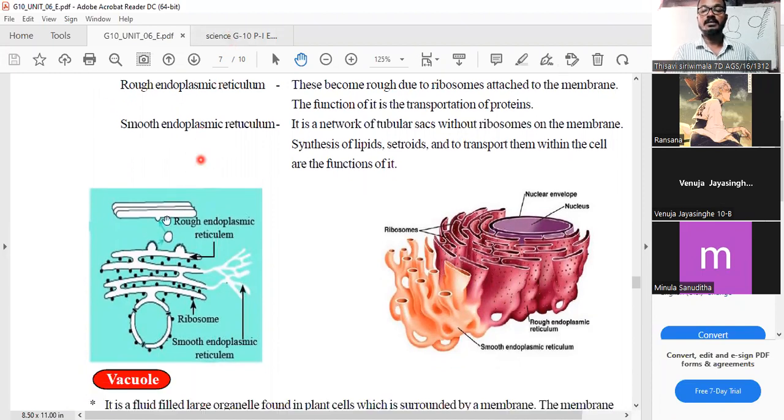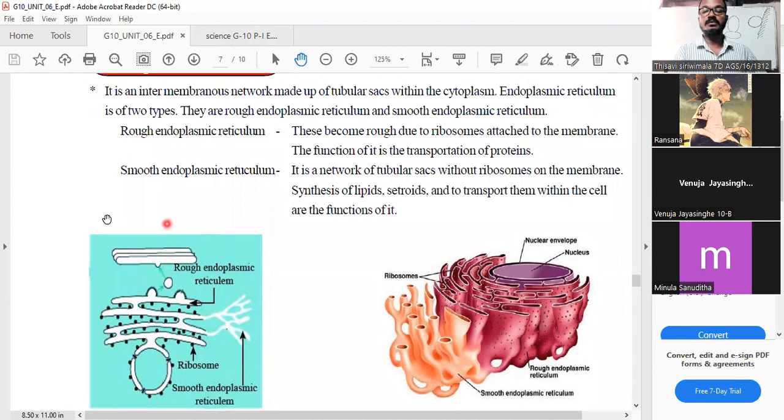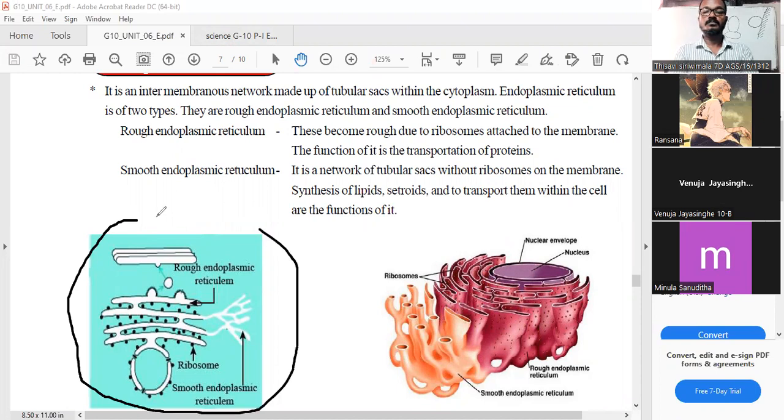This one, the blue color diagram, you can draw. This diagram. You can draw this. Not the other one.